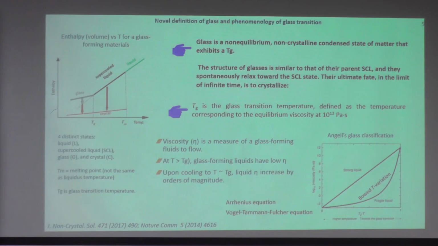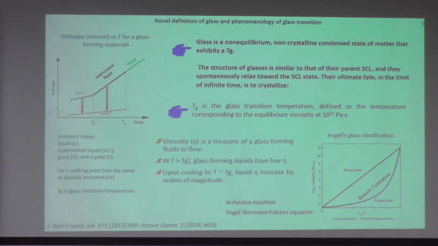You can also see that the viscosity of these states is different. The liquid has high mobility of atoms, so it has low viscosity, and the glassy state has a higher viscosity, so the mobility of atoms in the glassy state is not as high as in the supercooled liquid.